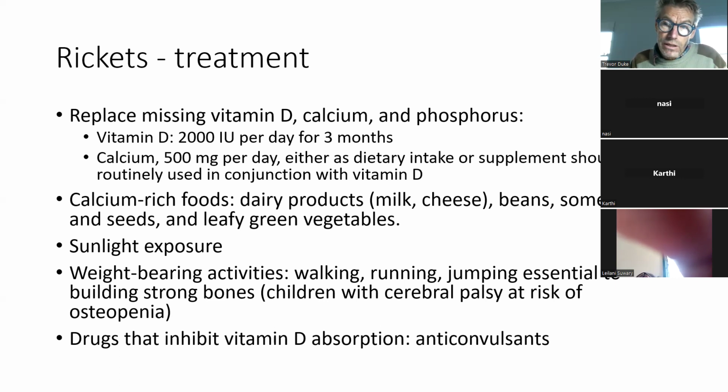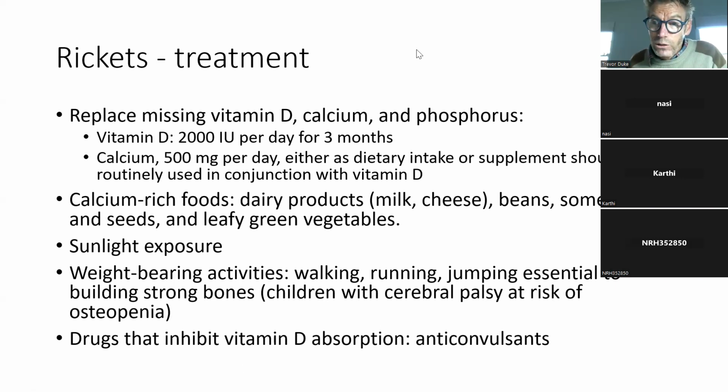But for children who've got rickets, it's important to have some sort of sunlight exposure because that activates vitamin D. And also, if they have intractable rickets, then make sure you investigate them for renal tubular acidosis, because we sometimes see renal rickets as being a bit more common in PNG because of renal tubular acidosis.